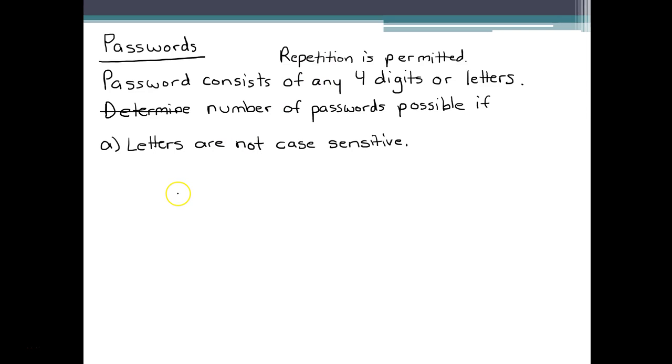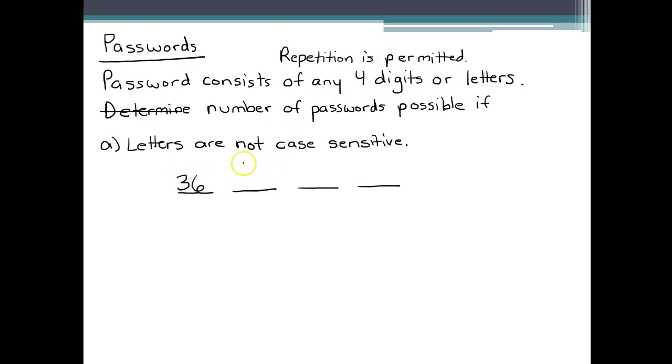Okay, so your password has to have 4 characters. When they say letters are not case sensitive, then a capital A is the same as a lowercase a. So we just consider the alphabet to be 26 letters. We have digits 0 through 9. That's 10 possible digits plus 26 letters, which gives you 36 options for that first entry.